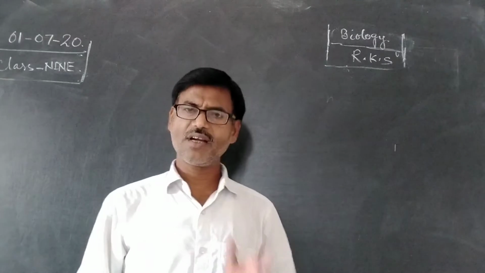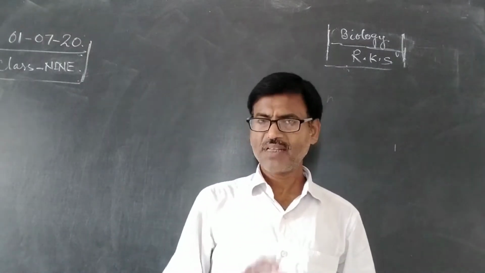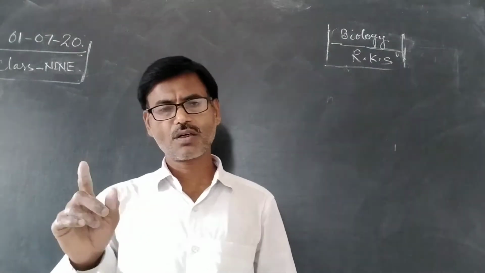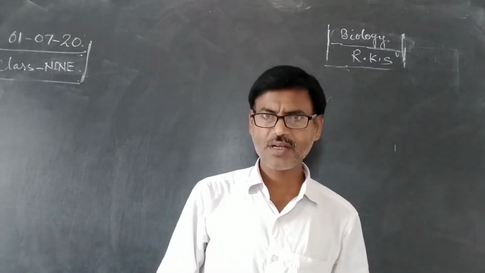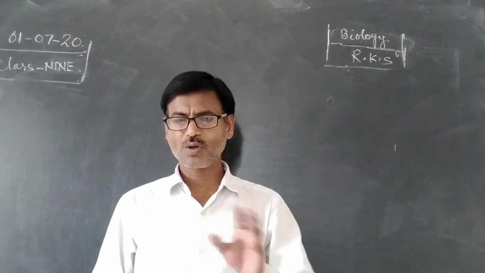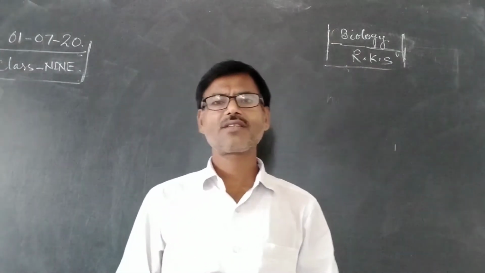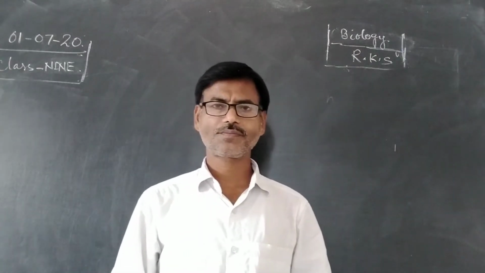That day I also assigned homework based on epidermis and cork. Today I am going to post the answers of those questions so that you can match and verify your answers.